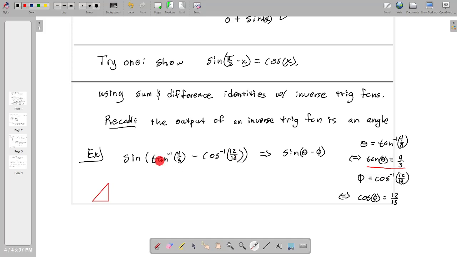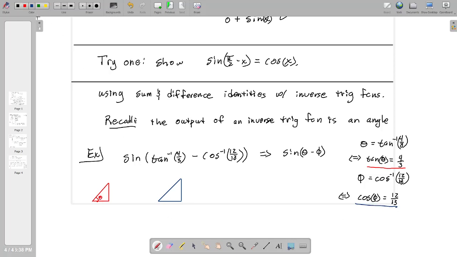Tangent inverse is positive in the first quadrant and negative in the fourth quadrant. And because we have a positive 4/3, we know that this angle, theta, is going to land in the first quadrant. You have to be careful when you're moving forward and doing this a little bit differently with different problems. And in the next try one problem, you'll see what I mean, hopefully. I'll try to explain it when I get there.